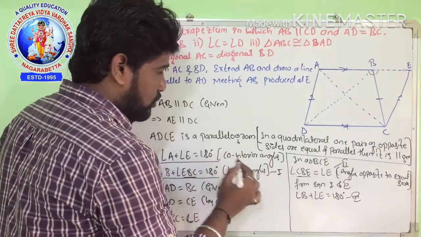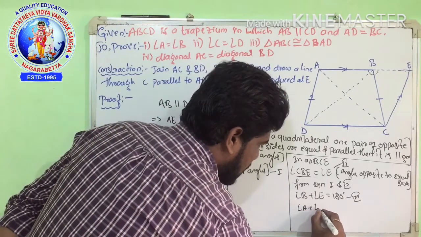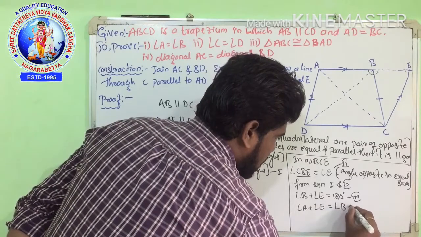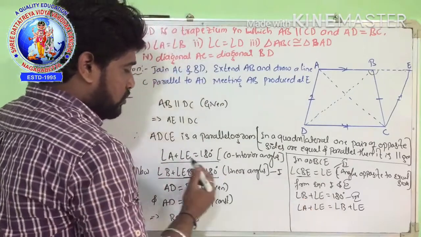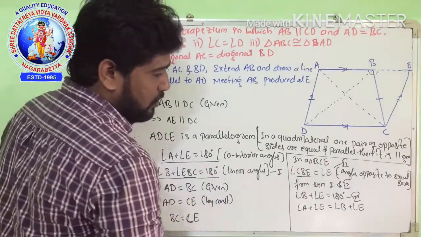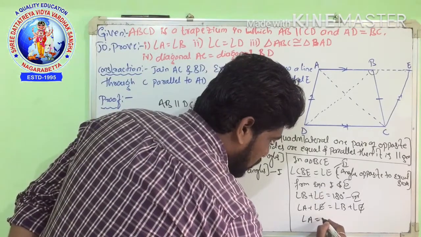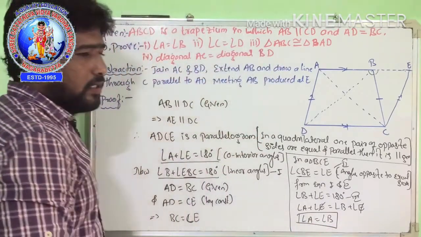So from these two equations, angle A plus angle E is equal to angle B plus angle E, because RHS are equal, so LHS are also equal. So both sides E get cancelled. Here we got angle A is equal to angle B. Hence proved. Is it clear?